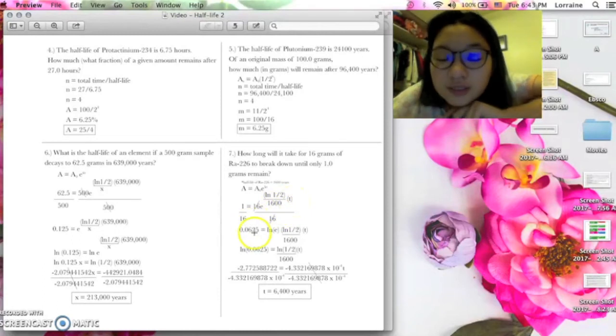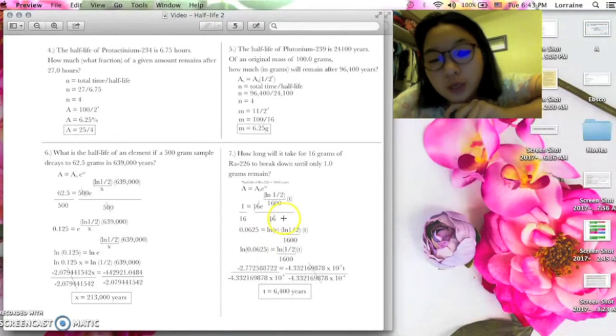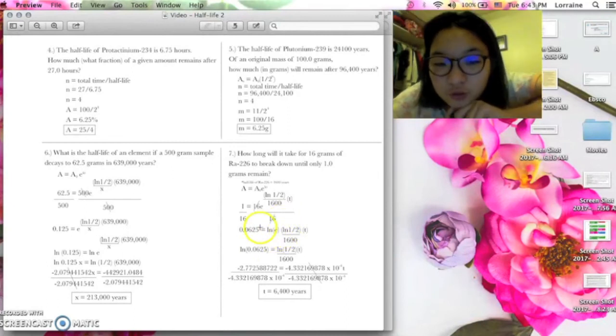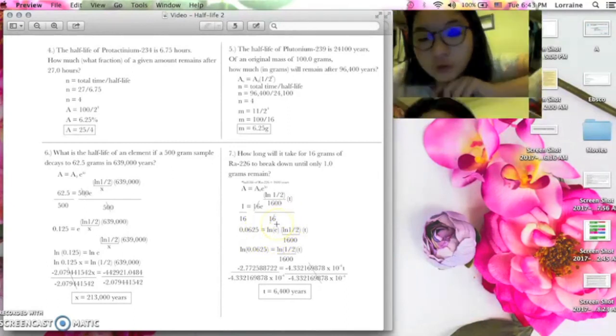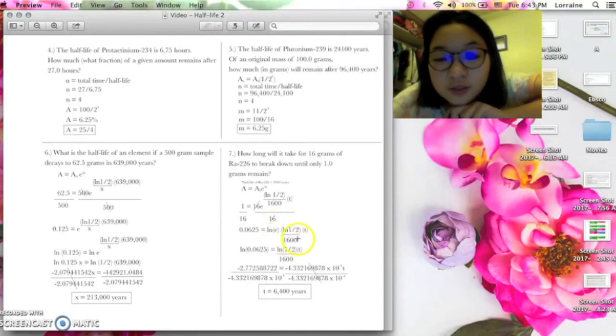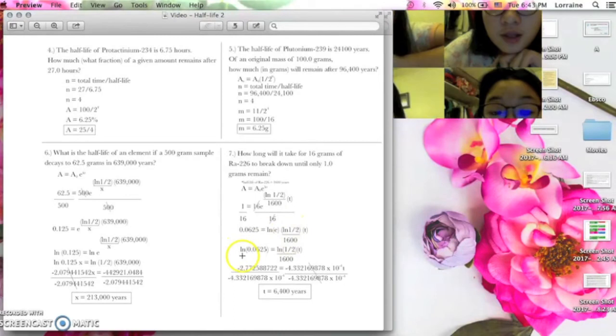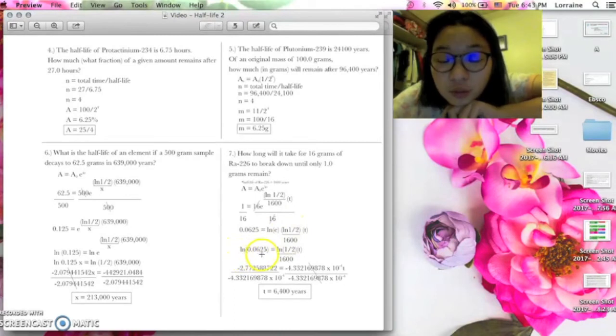So 1 over 16 is 0.0625, which is equal to ln of e. By the way, you can start using the natural logarithm rule once again. So ln of e times ln of 1/2 over 1,600 t. So ln of 0.0625 equals ln of 1/2 over 1,600 times t.